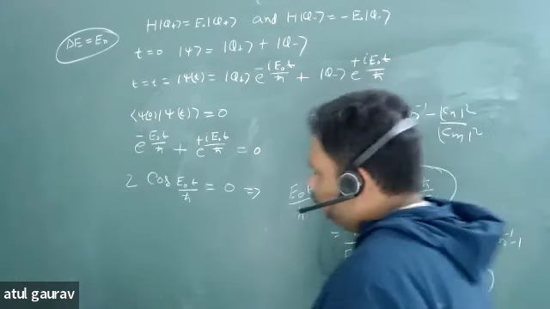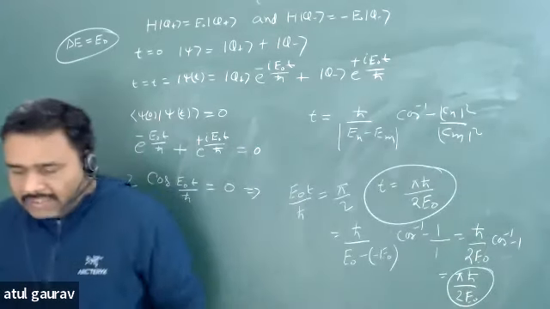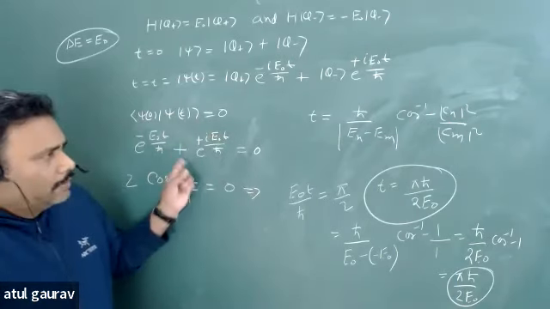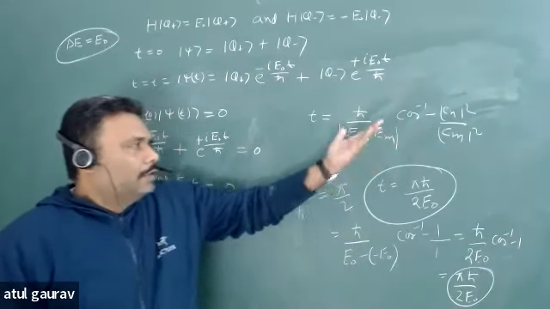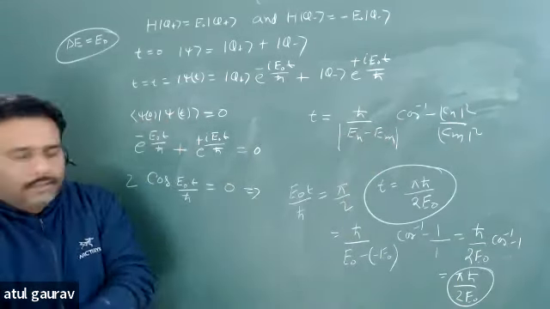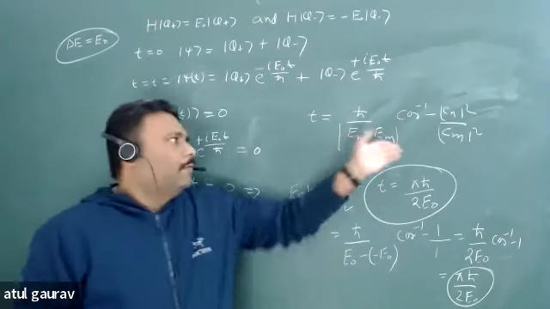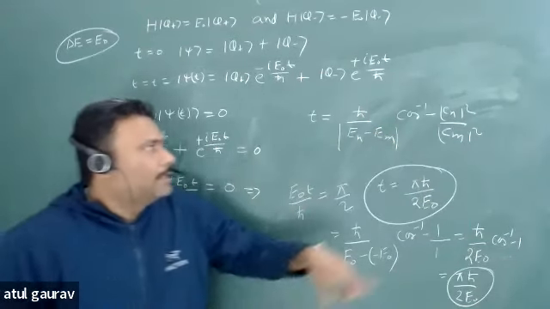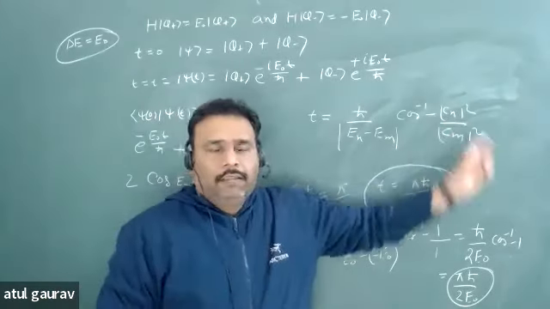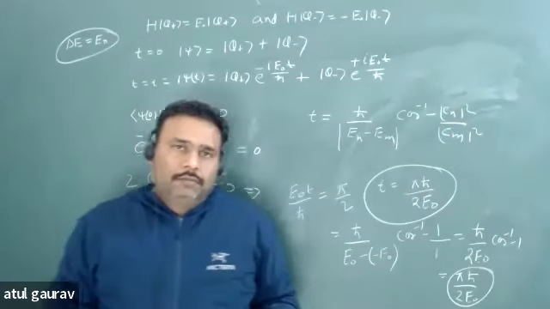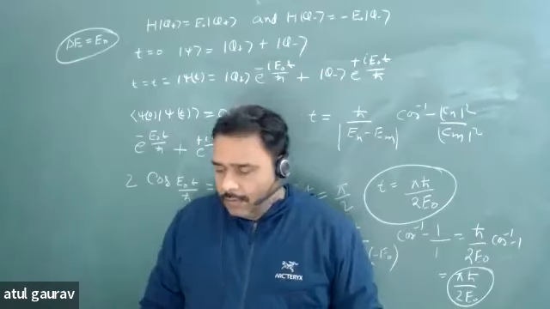Everyone is comfortable? Same answer. Here we are using the first principle, and here I am using the concept, that formula. If you remember this formula, you can easily use it. But you have to always make sure that it should not be greater than 1. It should always be less than 1.